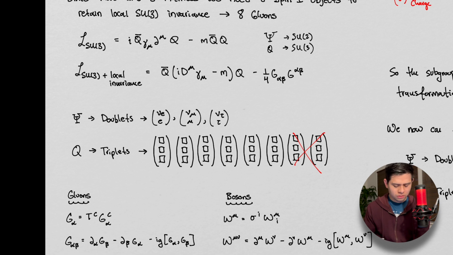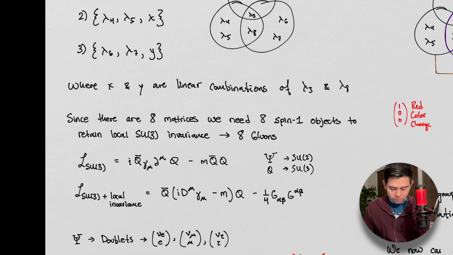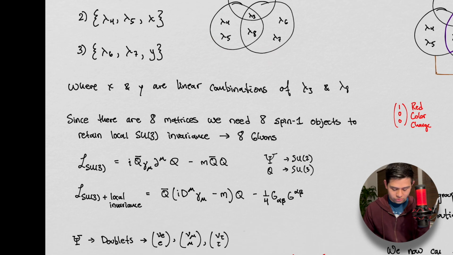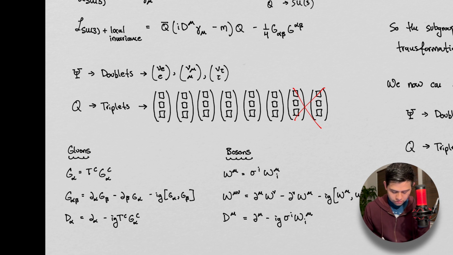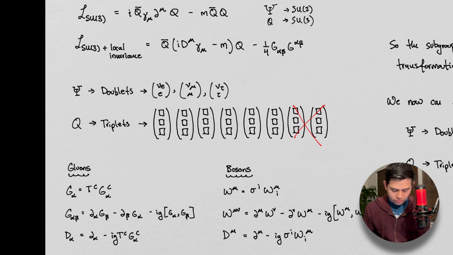So you might ask, well, okay, if it's not that much different, then where's the interesting physics going to be here? Well, the interesting physics is going to come from the fact that we have 8 generators, and we'll see. I'm getting to this right now. So if we want this to again be locally invariant, we need to replace this lowercase d mu with this uppercase D mu right here, right? What's the difference? One is a covariant derivative.